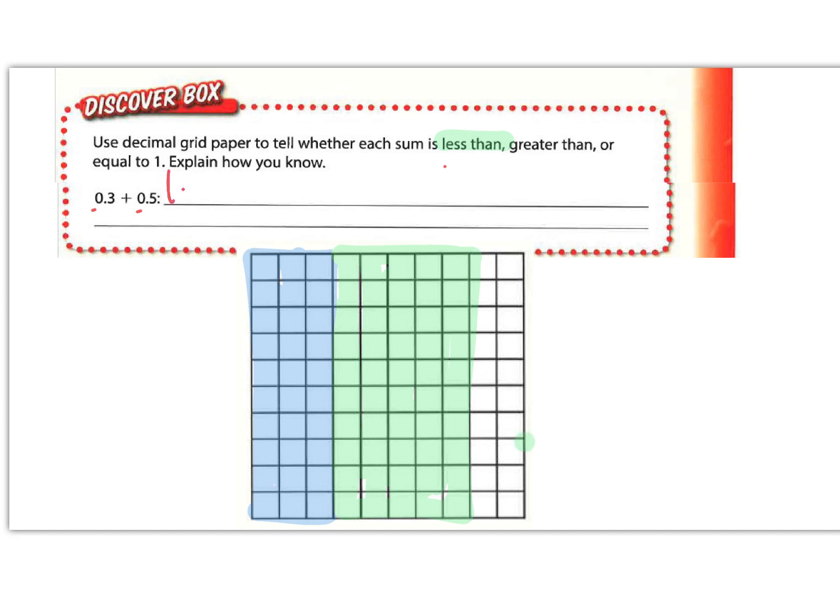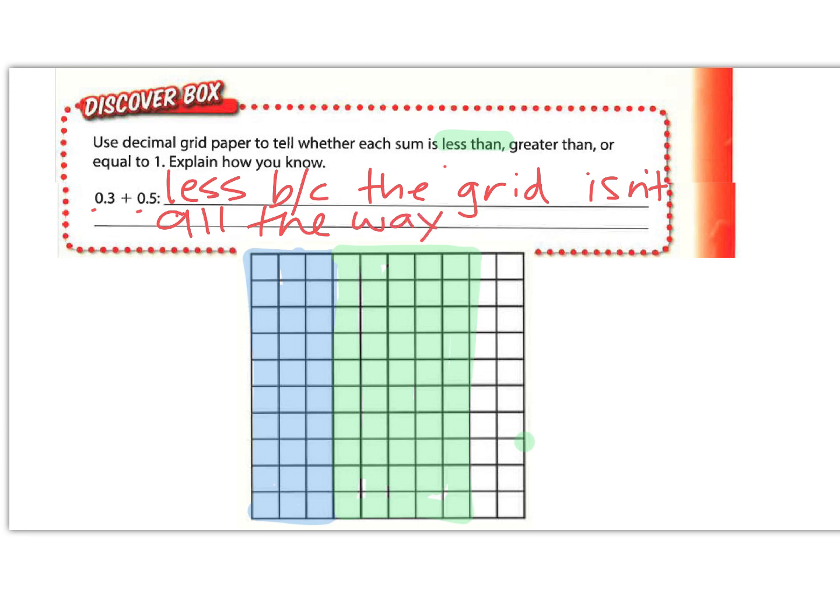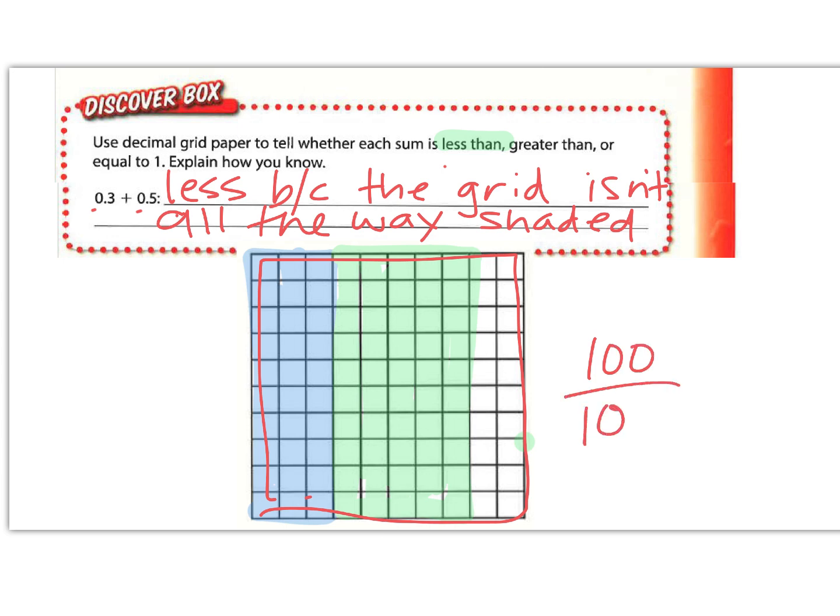So we would say less because the grid isn't all the way shaded. Okay, so we know it's less than 1. This whole square equals 1 because, like we said, 100 out of 100 equals 1. So we can tell already that it's less than 1.